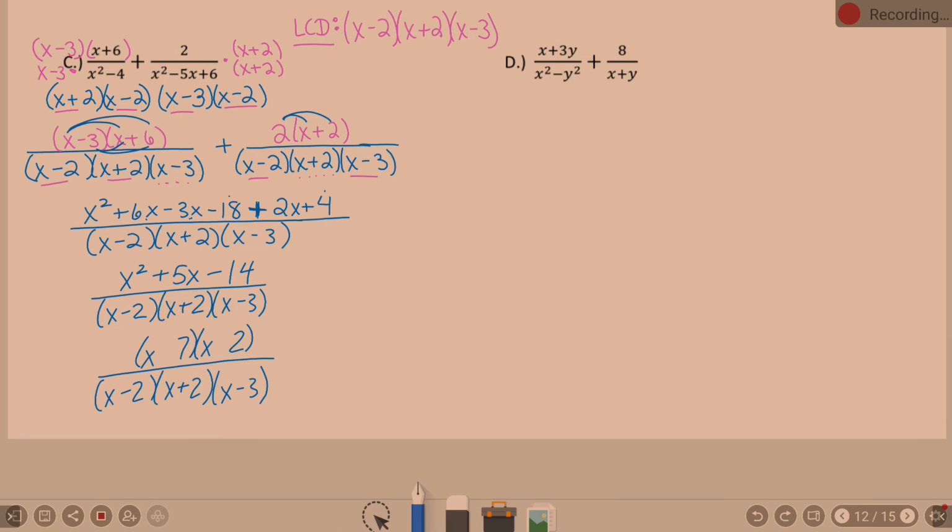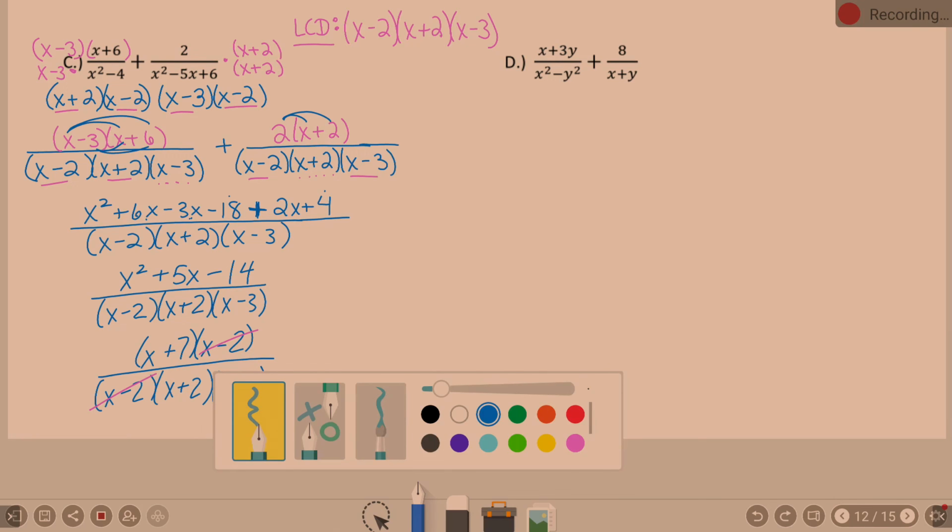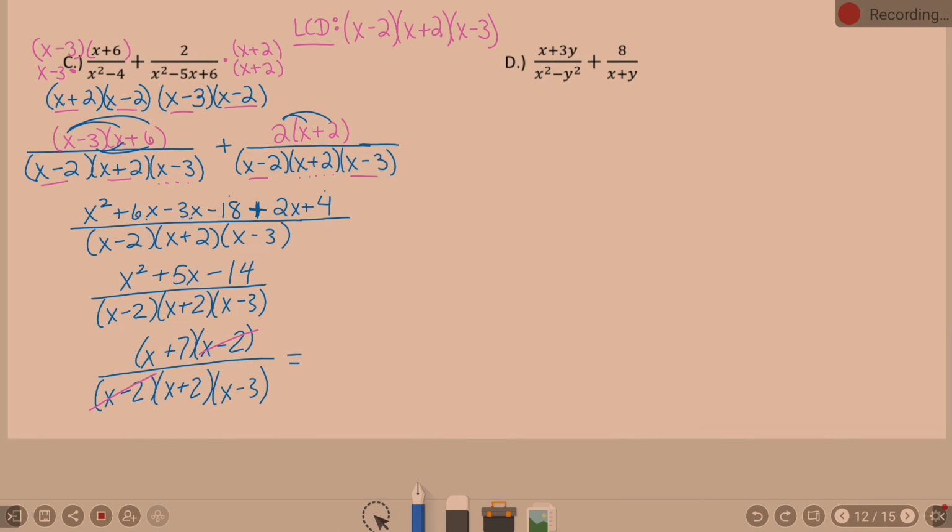If they add to be 5, I need plus 7, minus 2. Was it worthy of factoring? Did something cancel? Yeah, your x minus 2's cancel. Final answer: x plus 7 over x plus 2, x minus 3.